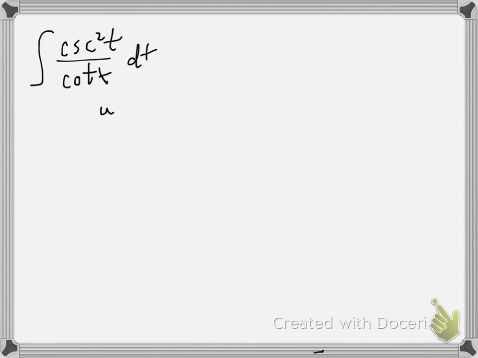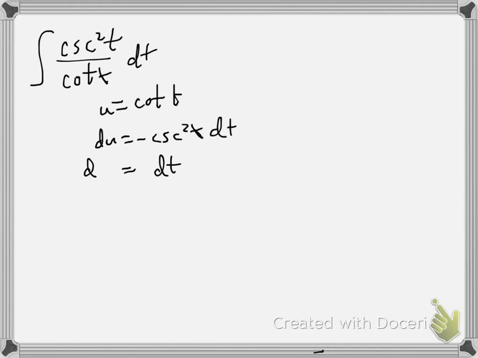So if you let u equal cotangent, then du equals negative cosecant squared. So dt equals du over negative cosecant squared.